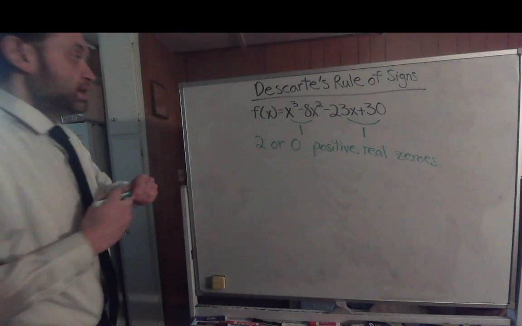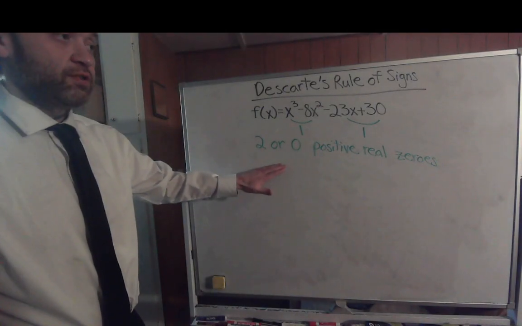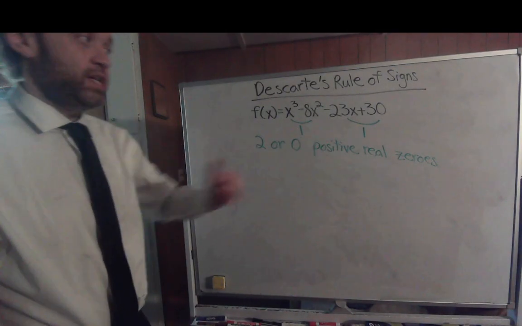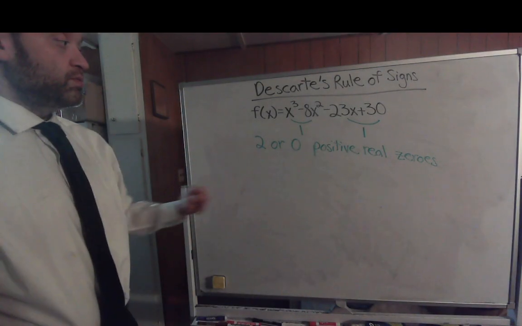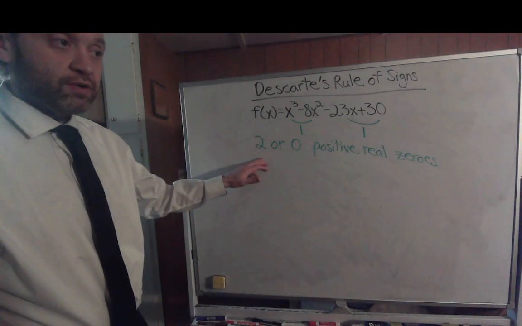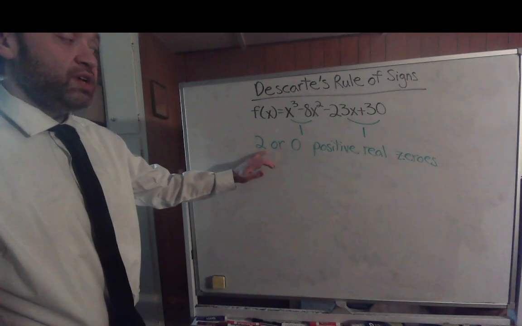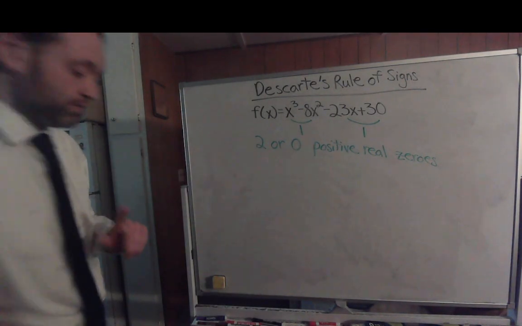So in the original function, first we're trying to figure out how many positive real zeros there are. There are two sign changes, so you're either going to have two positive real zeros, or since it's 2 or greater sign changes, you're going to decrease that quantity by 2. So you could have 2 or 0 positive real zeros.